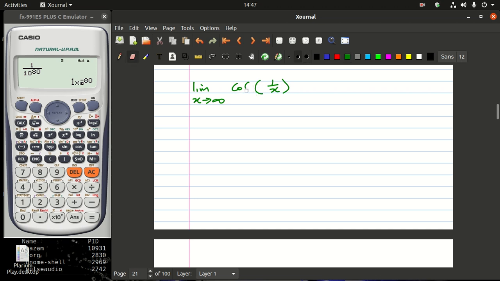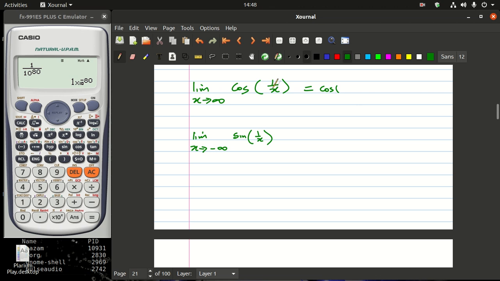Or evaluate the limit as x approaches negative infinity of sine of 1 over x. If we were allowed to plug in here, this is cosine of, take note of this, a cosine function is continuous everywhere because you can draw it without lifting your hand.